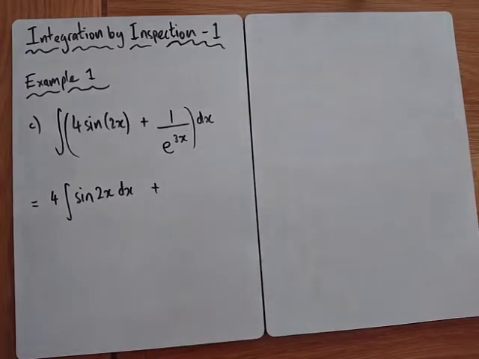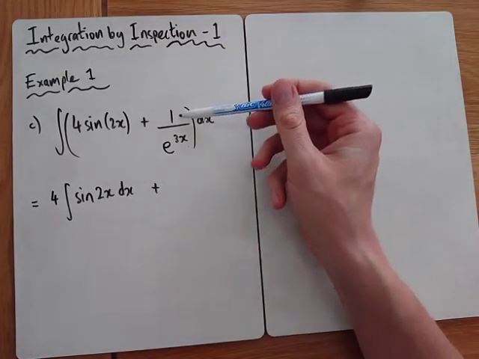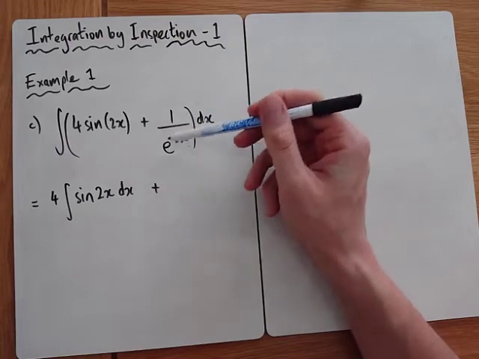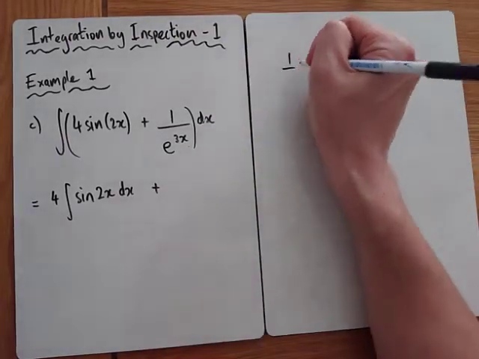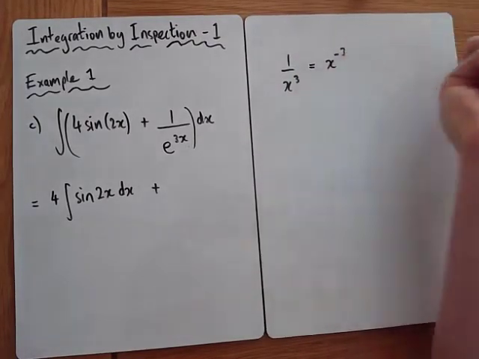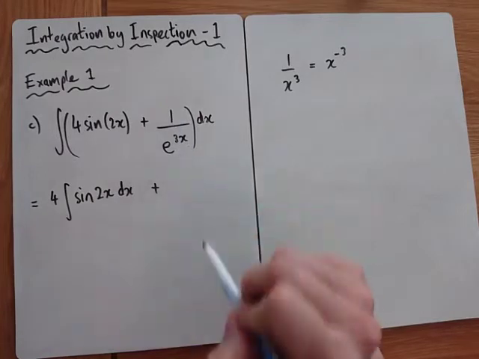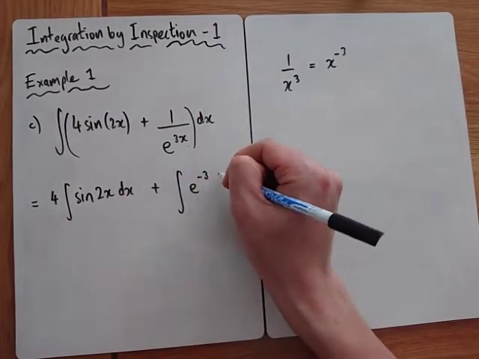Like, if we were differentiating a fraction, you might want to use the quotient rule. But just notice it's not actually a function divided by a function. It's just 1 over. We can just use index form, just the same as if it was 1 over x cubed. We know that's the same as x to the power minus 3. So if it's 1 over e to the 3x, we could just write that as e to the minus 3x.